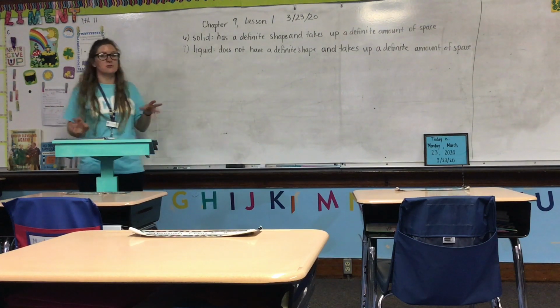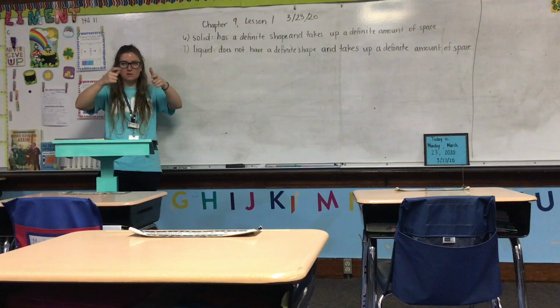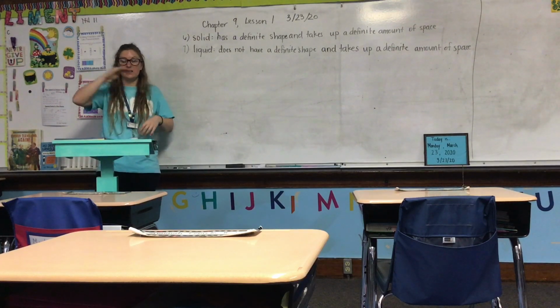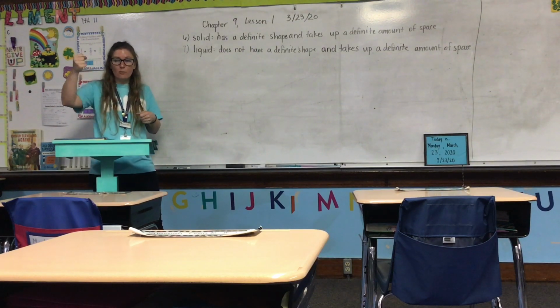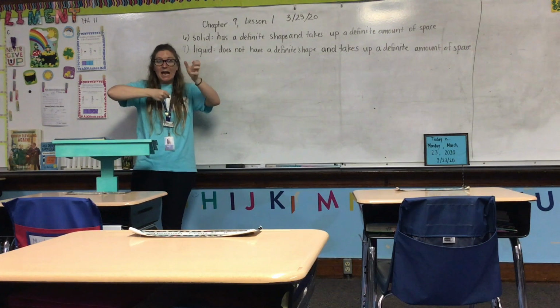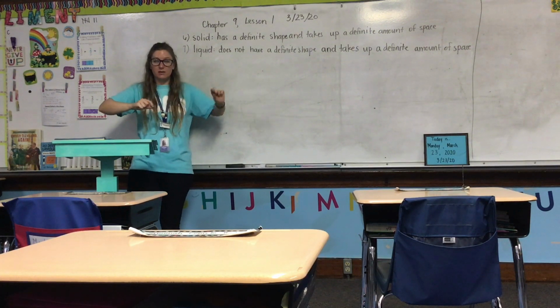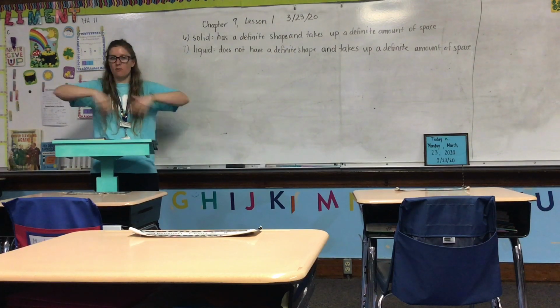If I have a measuring cup and I fill it up to the 1 cup mark, and then I pour that 1 cup of water into a coffee cup, it's going to look different. Let's think of a big pot of water.